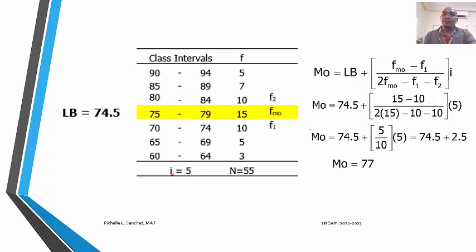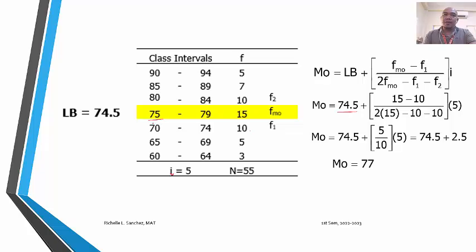And we can now substitute in our formula. Okay, so the lower boundary, we have 74.5, which was determined using 75. This 75 represents the lower limit of this modal class.